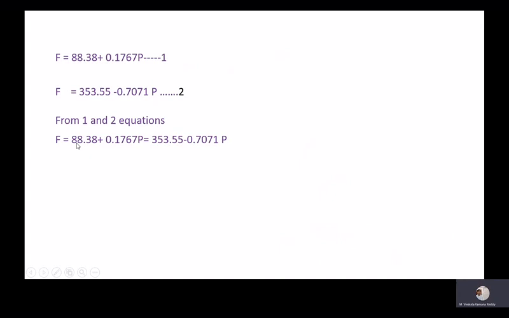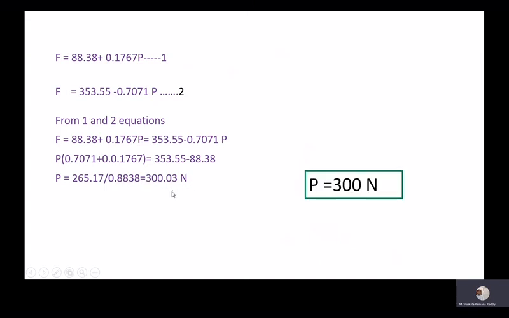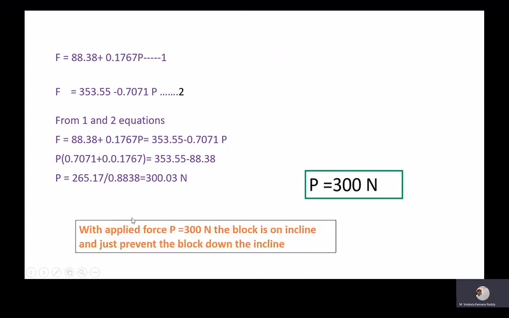F is equal to 88.38 plus 0.1767 P is equal to 353.55 minus 0.7071 P. So P is equal to 265.17 by 0.8838, which is equal to 300.03 newtons. That is, the P value is 300 newtons. That is, with applied force P equal to 300 newtons, the block is on the incline and just prevented from moving down the incline.